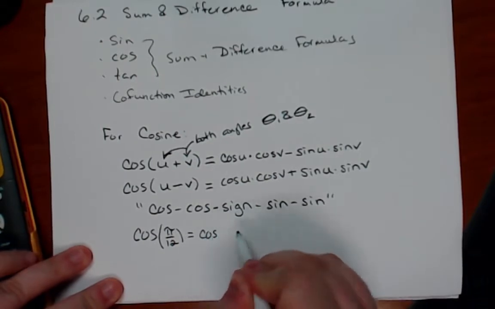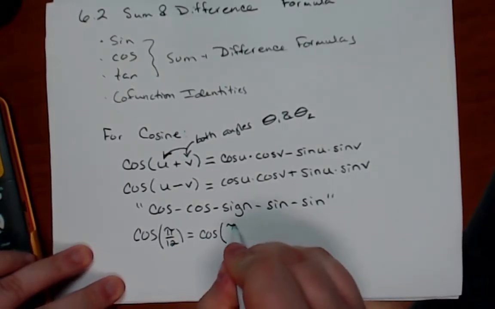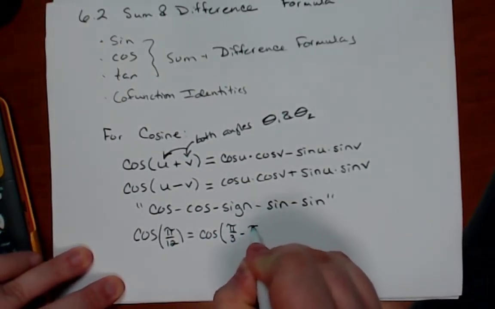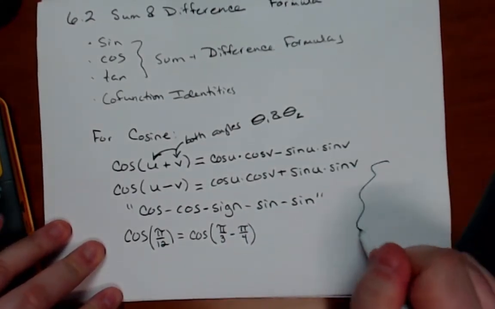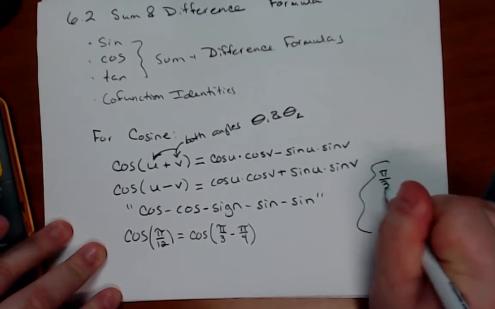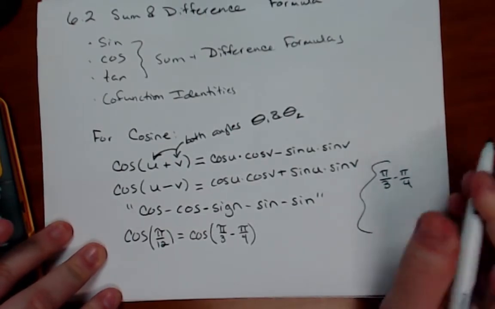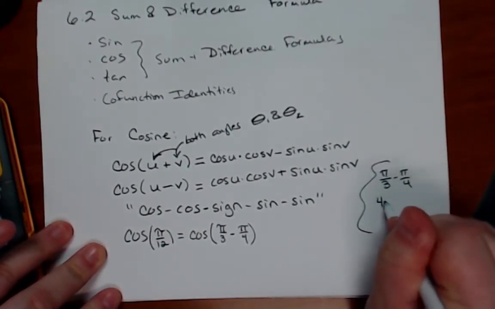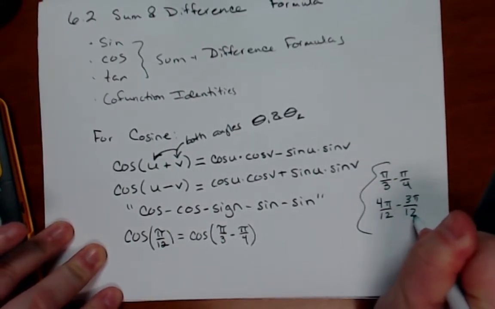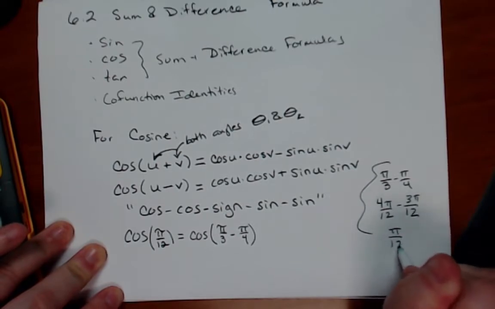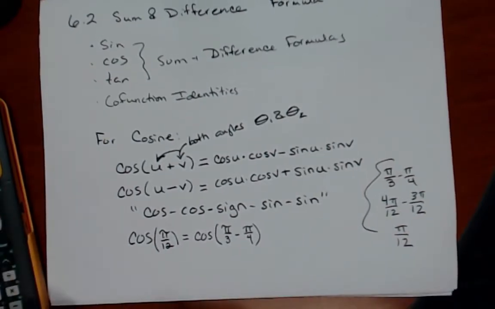Let's rewrite pi over 12 as pi over 3 minus pi over 4. And just to do a little work on the side, we have 4 pi's over 12 minus 3 pi's over 12, which does give us pi over 12. So my math there checked out.